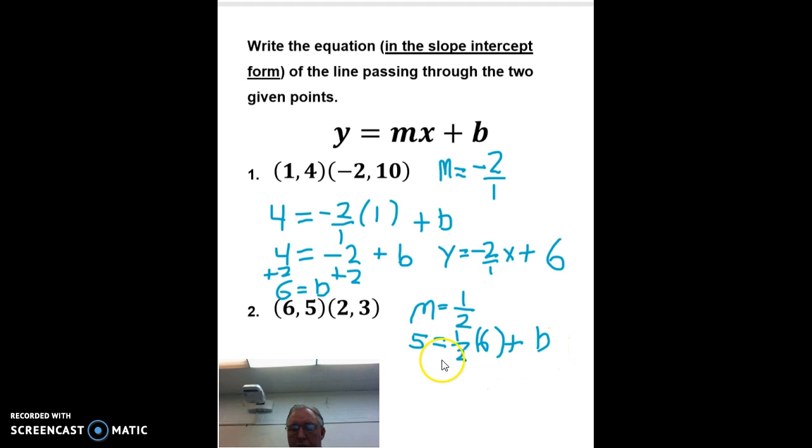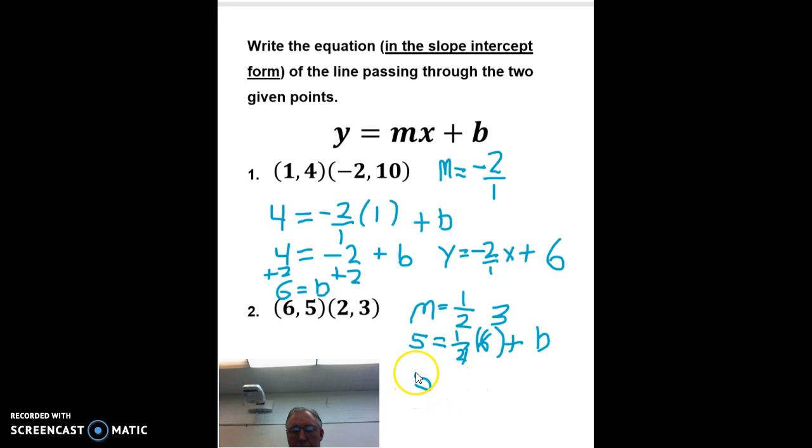Okay, here we can reduce this fraction being multiplied times the 6. We could actually say that 6 divided by 2 would become a 3. And then 1 times 3 will be 3.